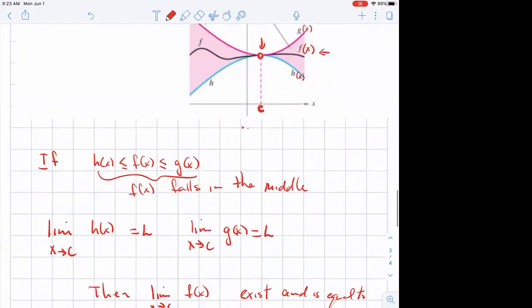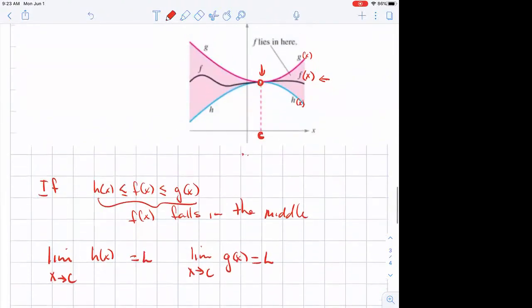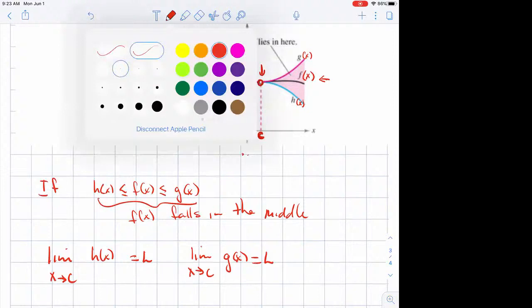So if the limit of f of x is, let's say, L, so this point on the graph over here is L, then for all three of those graphs, the limit is going to be L. But let's say c was somewhere over here, and I'm going to erase this in a minute.